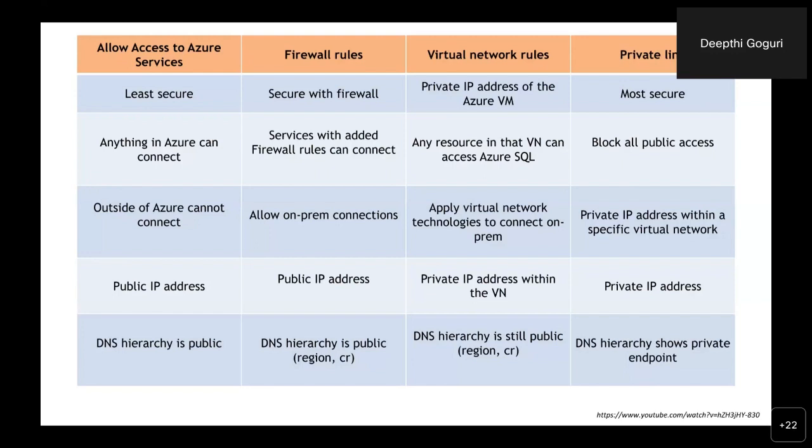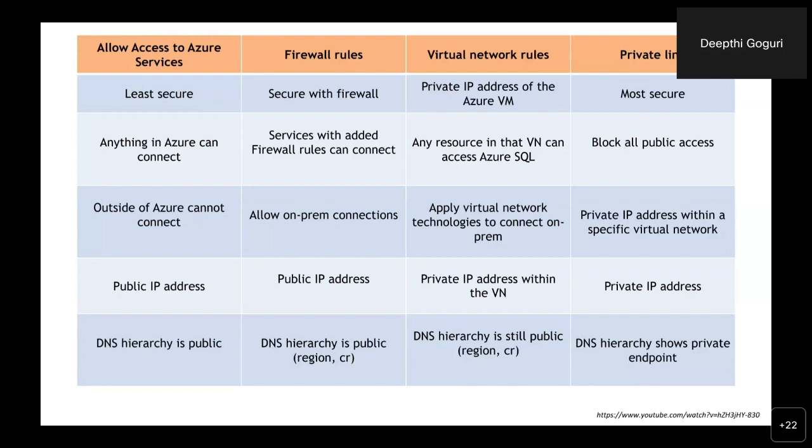Let's talk about the virtual network rules, the third option. So here, let's say you have different virtual networks set in place in your Azure. All of these multiple virtual networks are connected through technologies like VNet to VNet, and there are certain technologies you can use to connect your different virtual networks together.